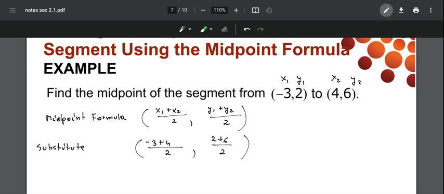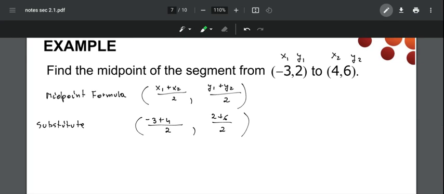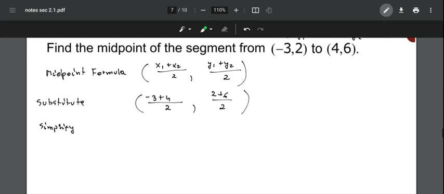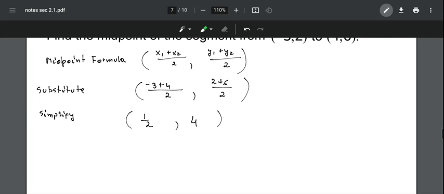And simplify. And we're getting the midpoint. So the midpoint is a point with coordinates: negative 3 plus 4 is 1, divided by 2, it's 1/2. And the y coordinate of the midpoint will be 2 plus 6, which is 8, divided by 2. We're getting 4. Okay, so this is the midpoint.